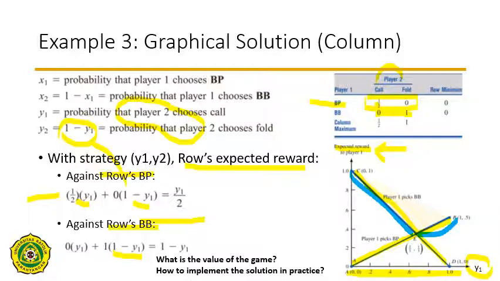The best that the column player can do is to minimize the reward for the row player, which happens at this point E. So to minimize the expected reward for the row player, the best that the column player may do is to play y1 equals 2/3. If y1 equals 2/3, then the expected reward for player 2 is 1/3.